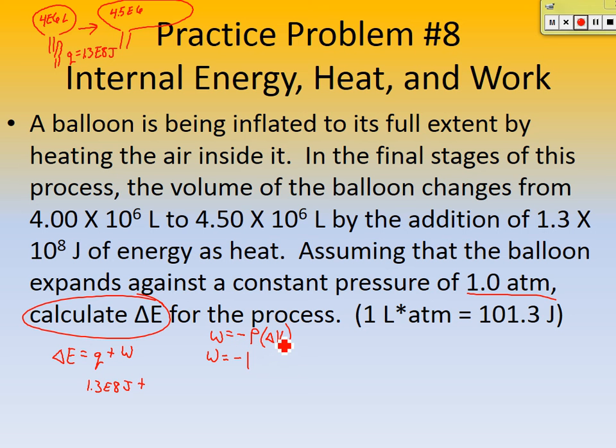Now delta V, how do you calculate delta V? What number comes first? The final volume. What was the final volume? Good, 4.5 e to the 6th, minus its initial volume was 4 e to the 6th. And this one's measured in liters, but we'll take care of the units in a second.